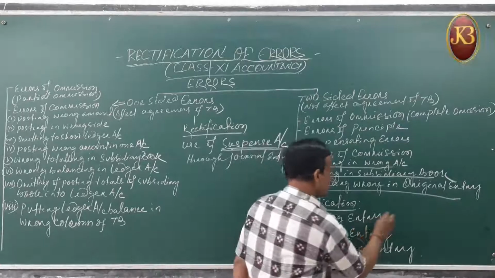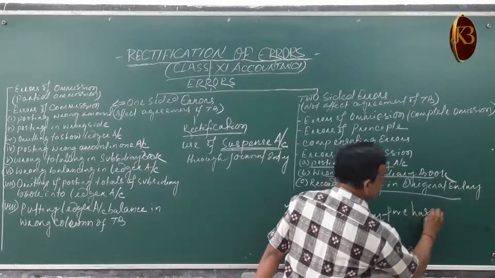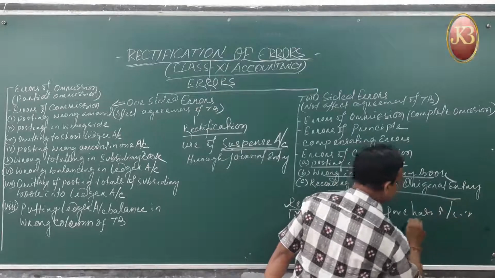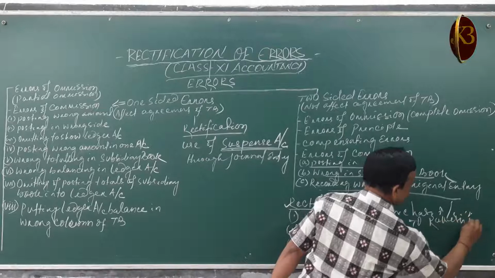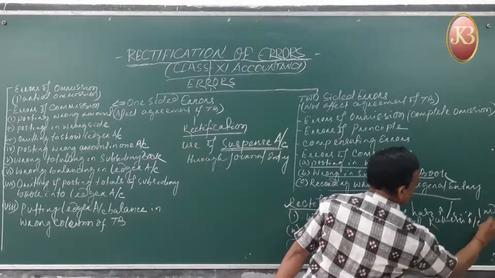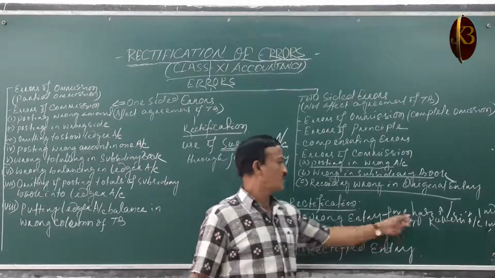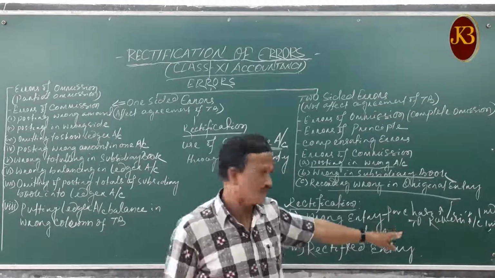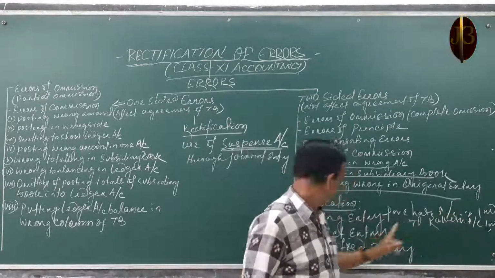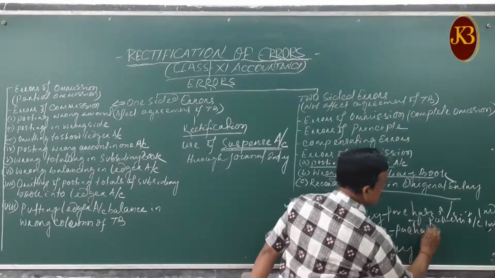So the wrong entry is purchases account debited to Rakesh account 1000. That means we had purchased goods from Ramesh but recorded it as Rakesh.